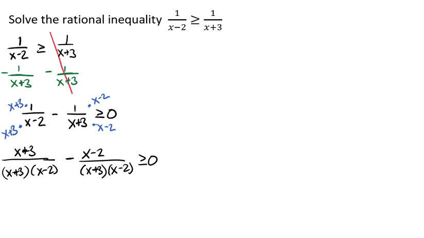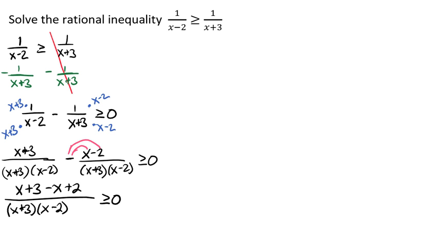From here, we want to distribute that negative symbol, that minus sign. Doing so gives us x plus 3 minus x plus 2 all over x plus 3 times x minus 2 greater than or equal to 0.